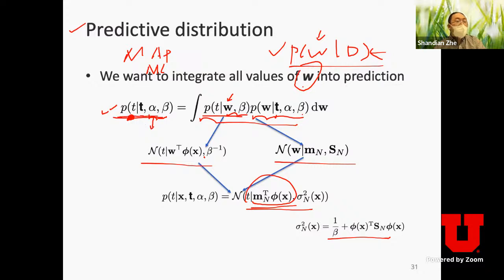We marginalize the model parameters, leaving only alpha and beta here. This is the likelihood of beta, which does not contain the model parameters. That means this is the model evidence given alpha and beta. So now we just maximize this model evidence to get the best alpha and beta.